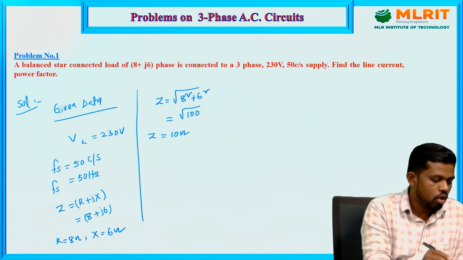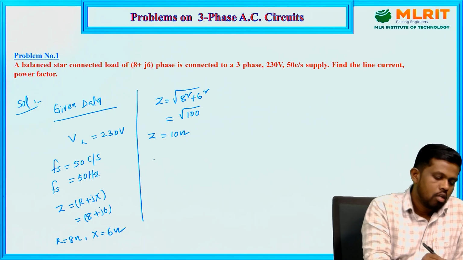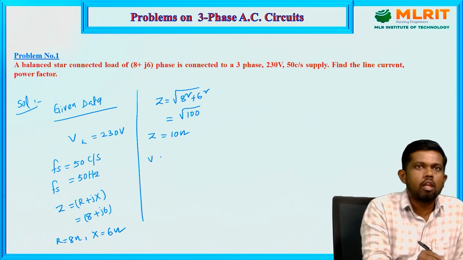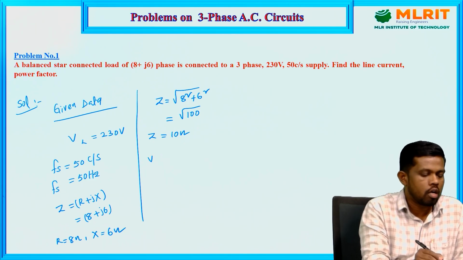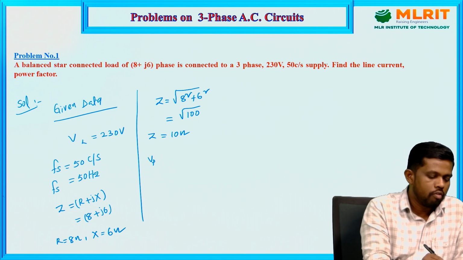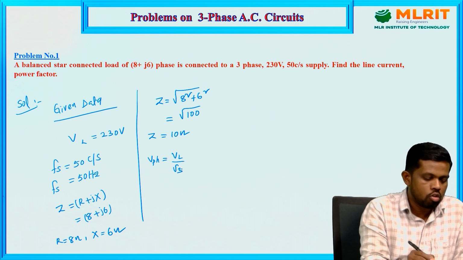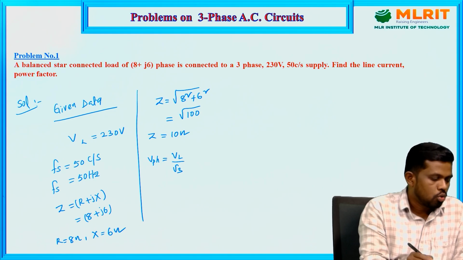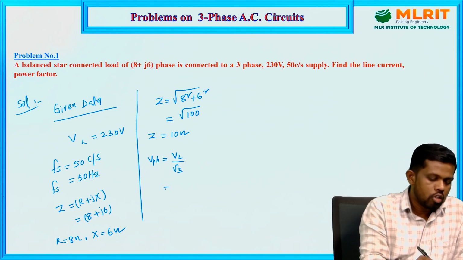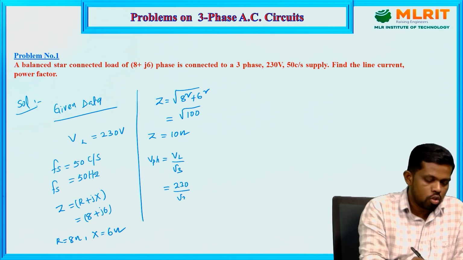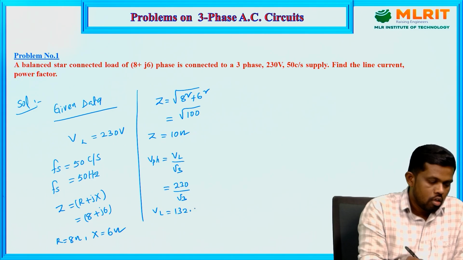We have already derived the relationship between the line and phase voltage of the balanced star connected network. VPH equals VL upon root 3. VL is 230, so divide by root 3, and we get 132.79 volts.